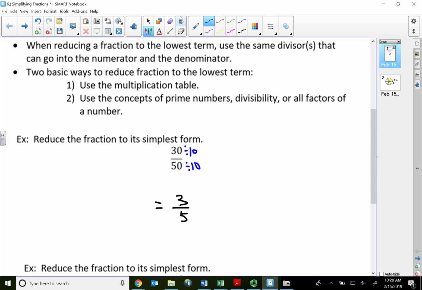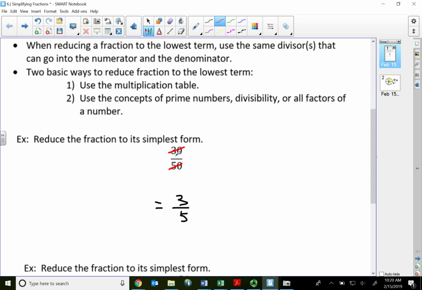Now, some students don't like to reduce by 10. Maybe they want to reduce them by 2 or by 5. That would be using the prime factorization idea. Normally I don't write divided by the number, I just do it by saying it.